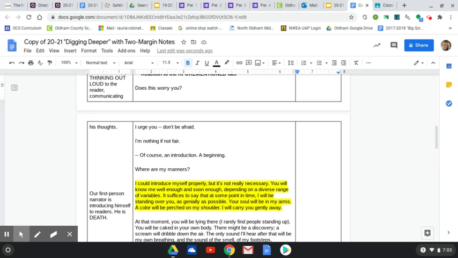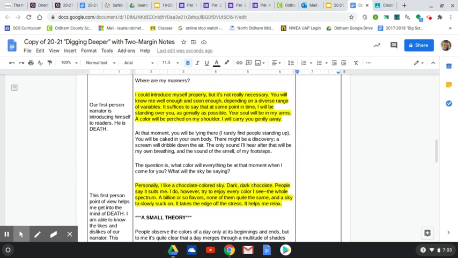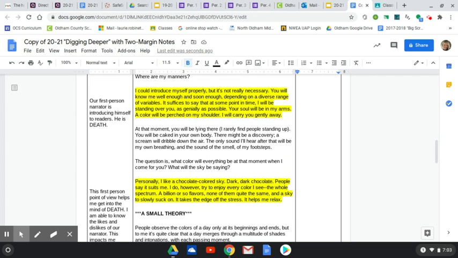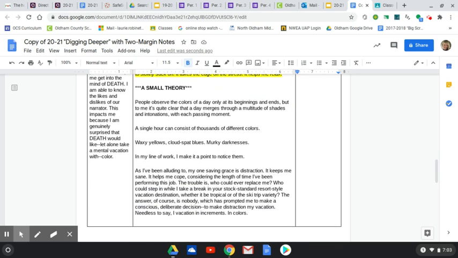So honestly, I could pull from so many of these passages to reflect through his thoughts what I learn about him. But I'm going to choose one in particular.